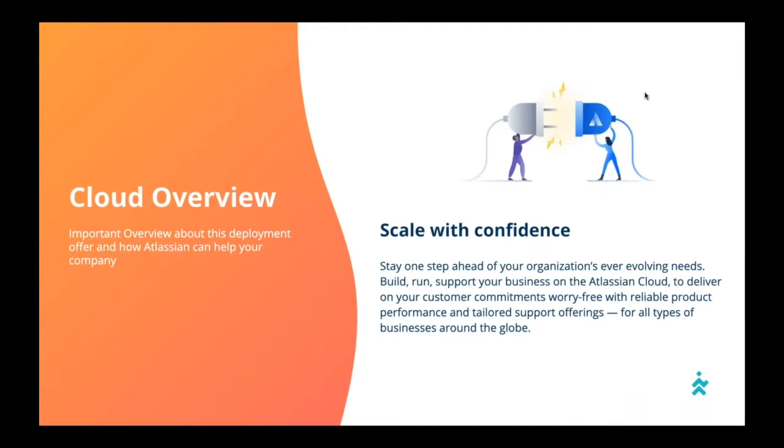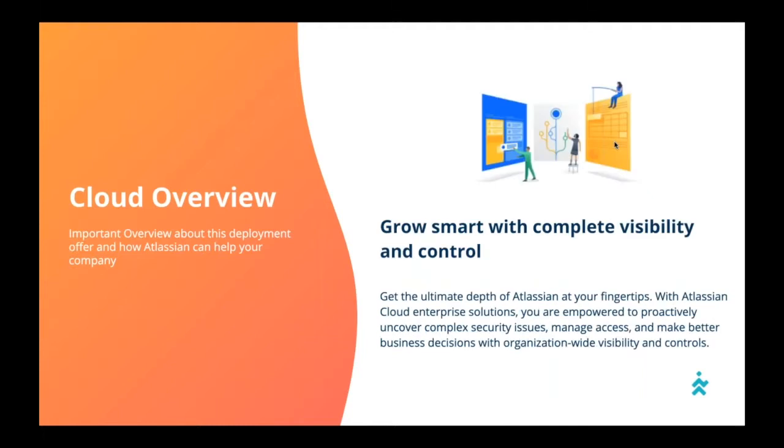Okay, so this is some specific environment that Atlassian is building, and they are providing service for you. Okay, so this is their instance, their environment, their infrastructure. So scale with confidence. Grow smart with complete visibility and control. So it's a great tool from the cloud perspective.